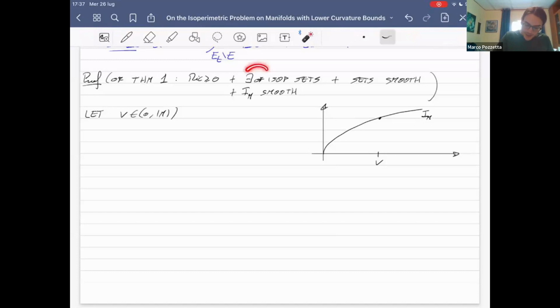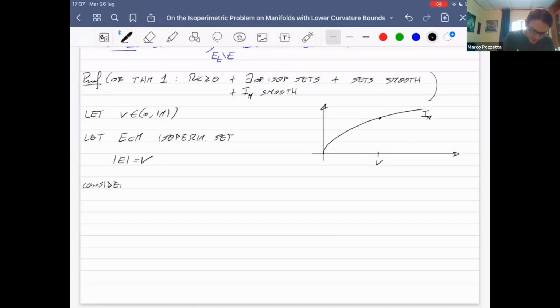And since I am assuming existence of isoperimetric sets, I can say let E contained in M be an isoperimetric set of that volume. So the measure of E is exactly V. And I will consider the function of one variable sending t to the perimeter of Et.